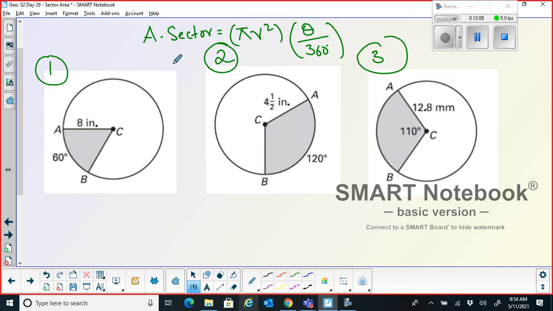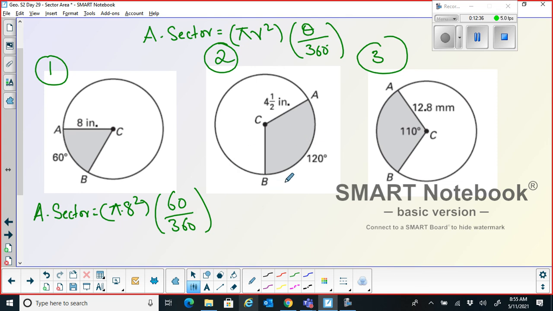So let's see the first one. Here area of sector equals, the radius is 8 inches, so pi times 8 square, the angle is 60 over 360. I'll simplify this in a while, but let me write it for the next one too.